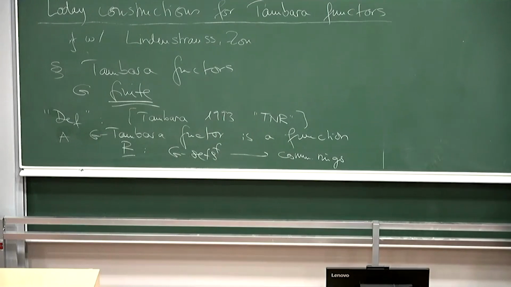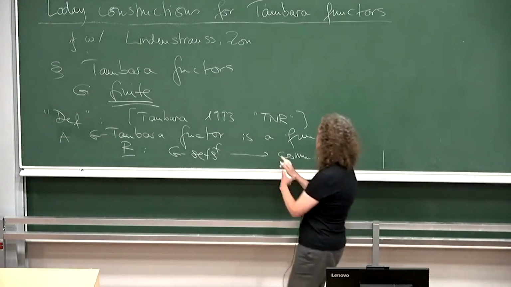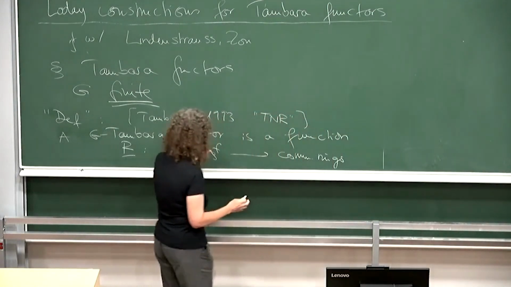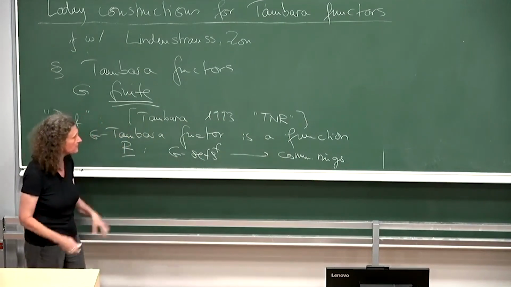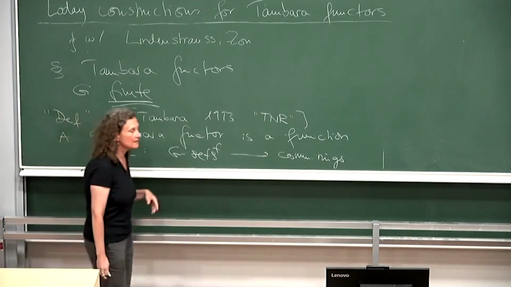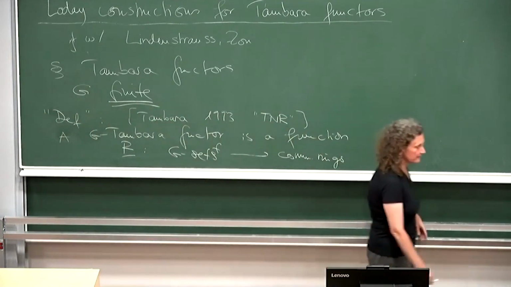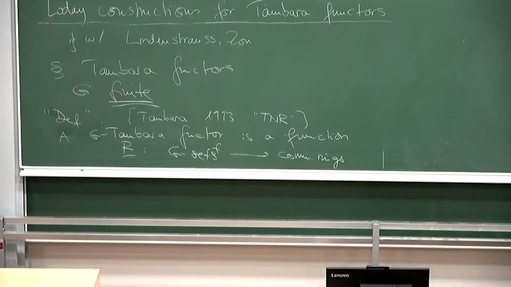And then you want certain compatibility relations. Well, it's called a Tambara functor, so maps of G sets should do something. But then you have other things that are important.